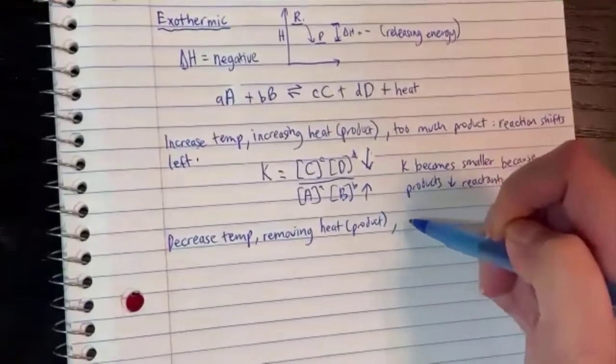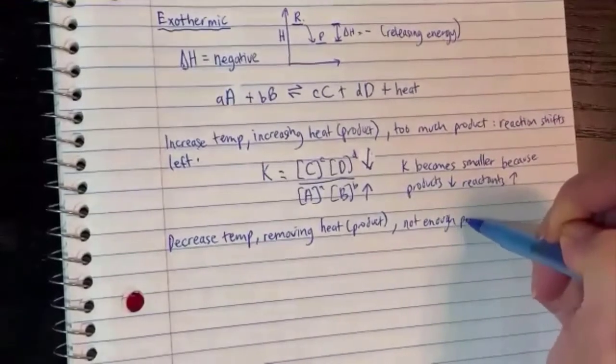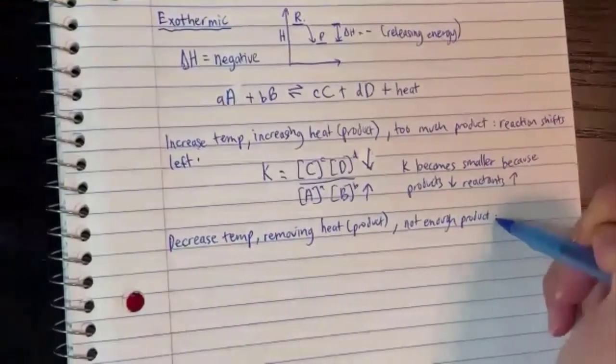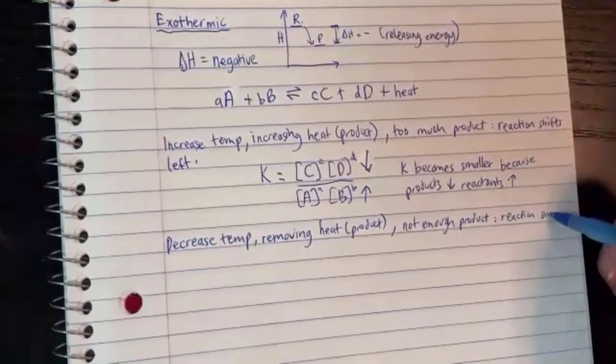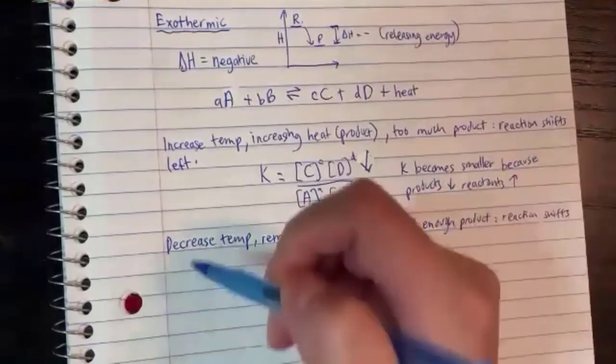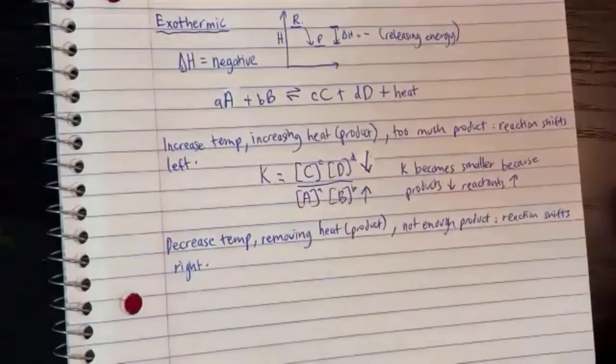So we don't have enough product. So the reaction will shift to the right side, towards the product side, okay?